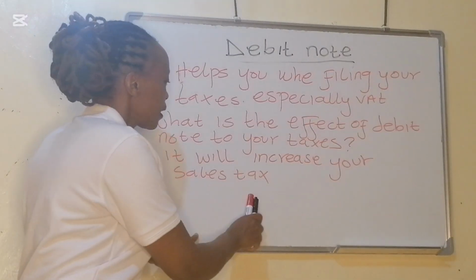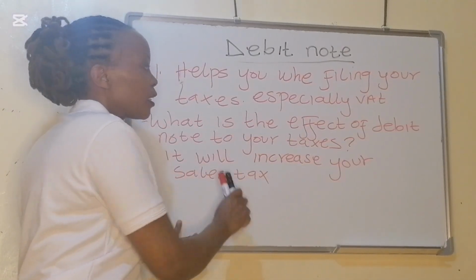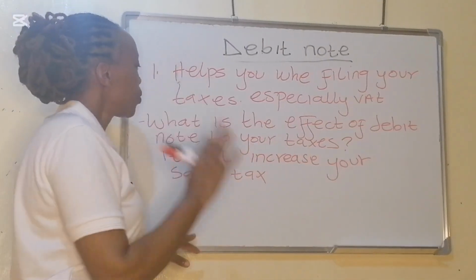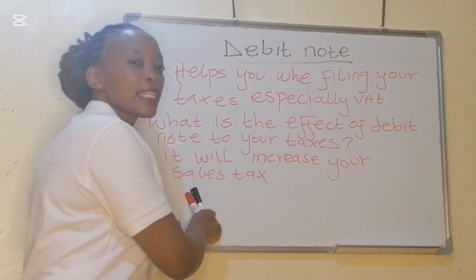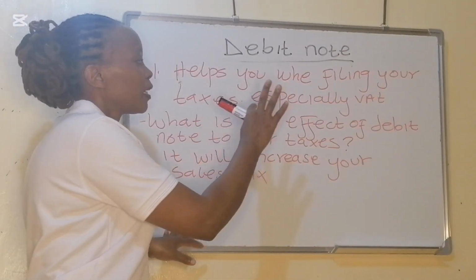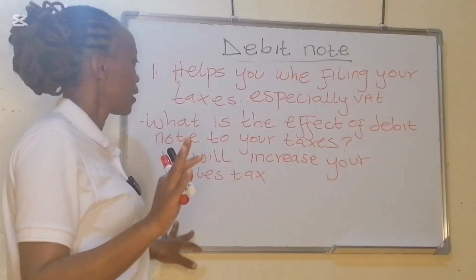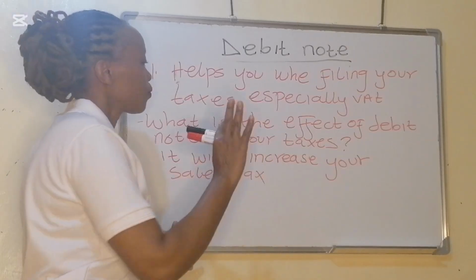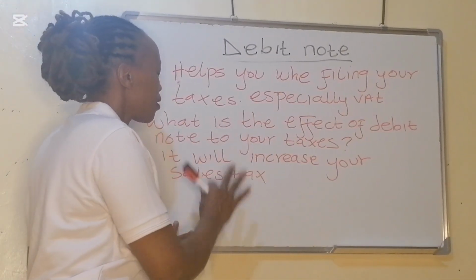Your sales tax will increase. Okay? So, note somewhere: when you write a debit note, make an adjustment to your sales tax. And when you are filing your VAT, factor that in. I've already answered this question. This is the effect of a debit note on your taxes. It will increase your sales tax.